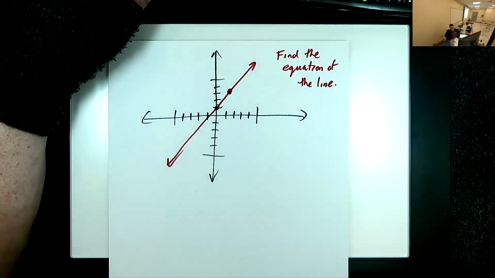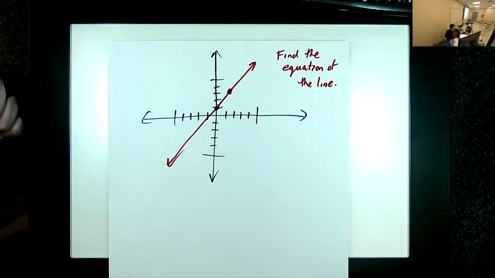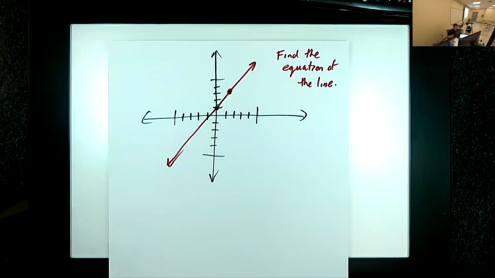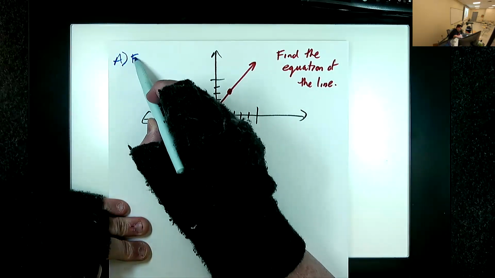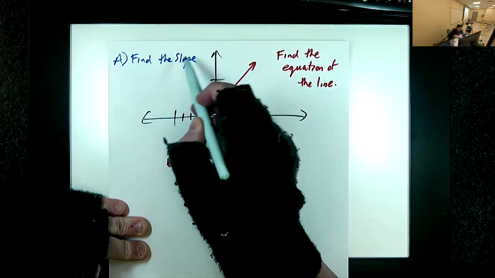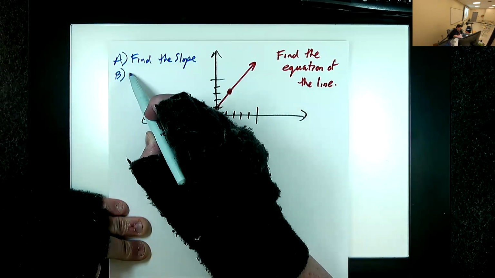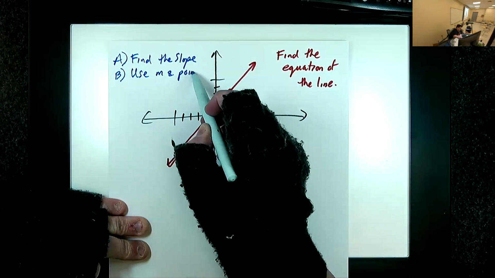Generally, even if they don't put dark dots on it, they're going to have a grid, and you can see where the lines are definitely crossing grid intersections. Well, the best way to go about this is A, find the slope, and then B, use m and a point to find the equation.